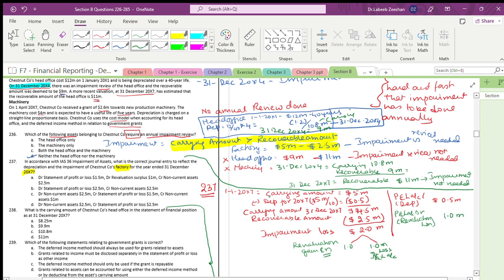Next, revaluation gain, we are reversing it. Reversal of revaluation gain, how much are we reversing? 1 million.